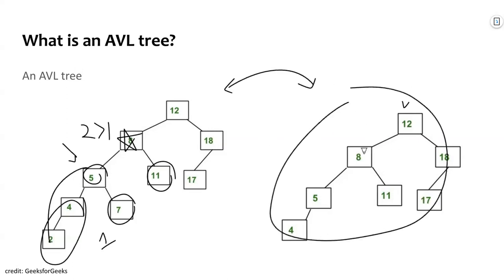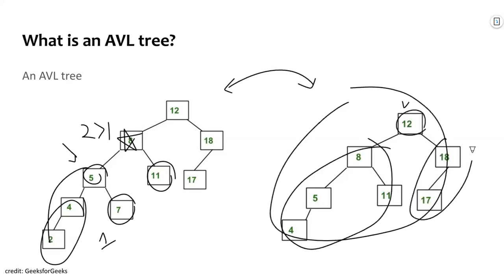Furthermore, the left items have values less than the root, and the right values are larger than the root value. So it is both a binary search tree and an AVL tree because it is height balanced. So that was the definition of an AVL tree.